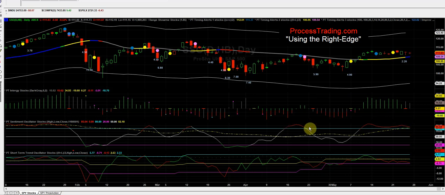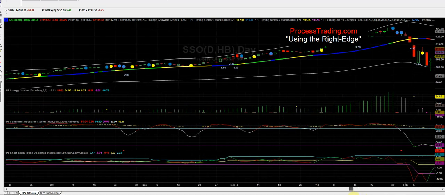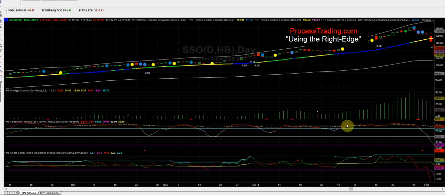Now you can see here it doesn't stay there for long, except when it's in a large uptrend, and you can see how long the momentum stayed above the upper bound here. Momentum was just very strong to the upside, and the system would have showed you how to stay in that with the timing alert dots and everything, but you see it's strong to the upside.